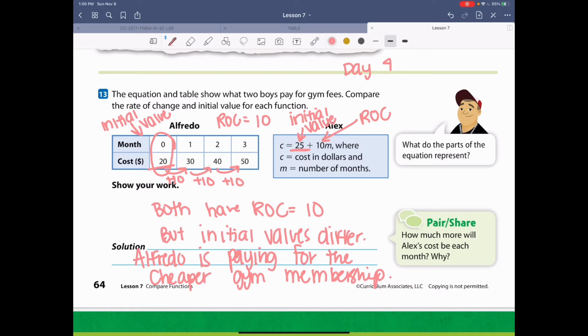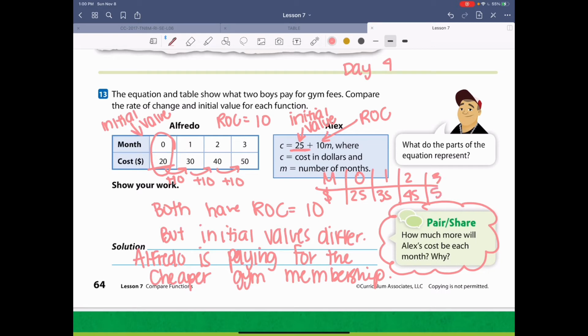And it says the parents share how much more will Alex's cost be each month. Since they both pay the same rate of change, if I created a table for Alex as well, I would know that for month 0, his would be 25. Month 1, it would be 35, and then 45, and month 3 would be 55.